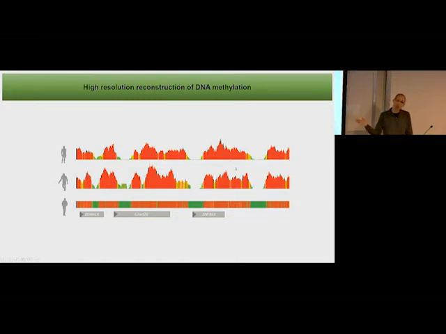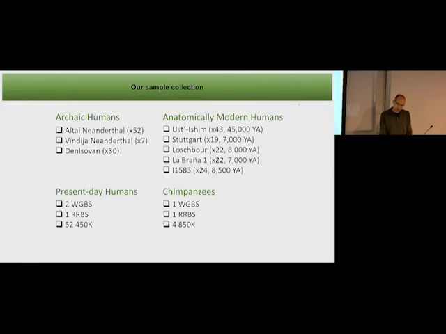So this now allowed us to focus on the differentially methylated regions. We actually expanded our collection to include several chimpanzees as outgroups. So again, we didn't have bone methylation, we had to do it. Present-day humans, anatomically modern humans.